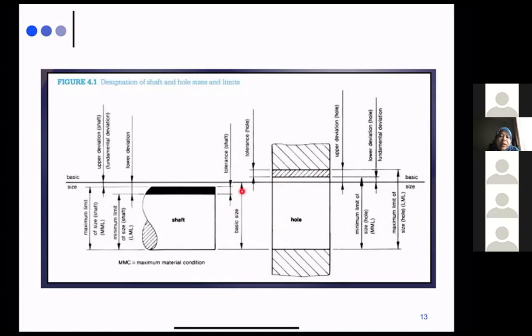But if we make the maximum shaft here, it would be a little bit tighter. The measurement to know which one is the shaft and which one is the hole tolerance would be included later in the ISO system.